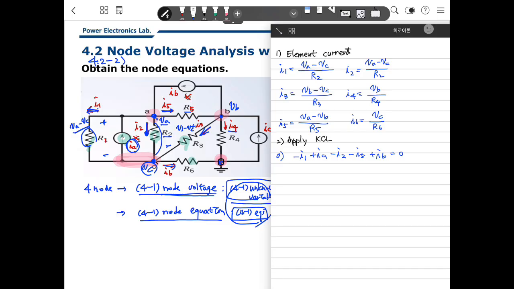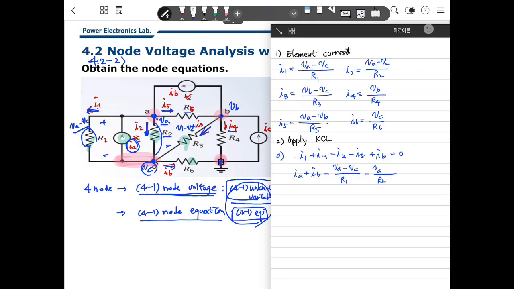And then you can make equations. Now what is that? IA plus IB minus I1. I1 is here, so it is (VA minus VC) over R1, minus I2, which is here. Excuse me, this is not 2, this is 1.